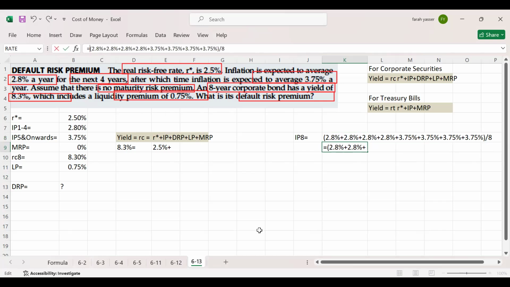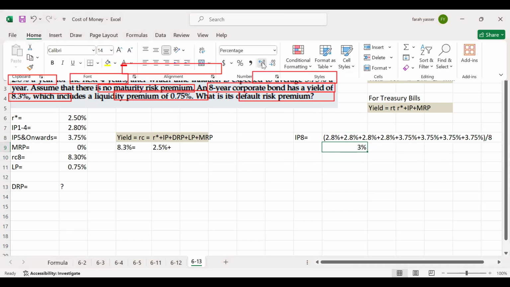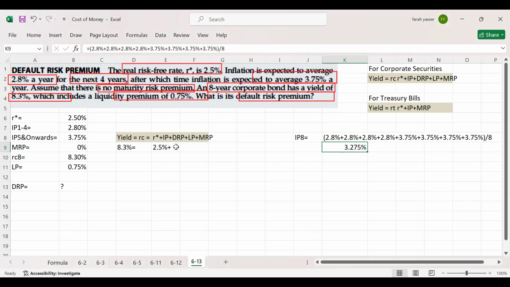So the answer would be, we convert this figure into percentage, 3.275. So average inflation for 8 years is 3.275.